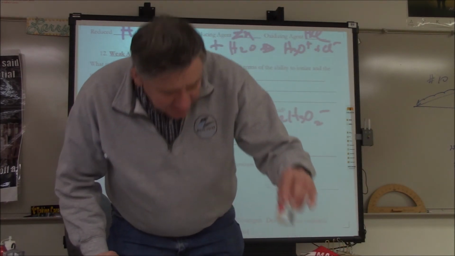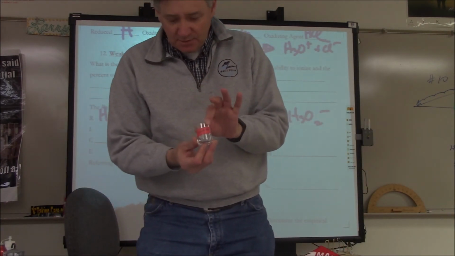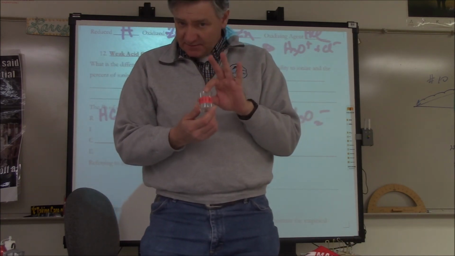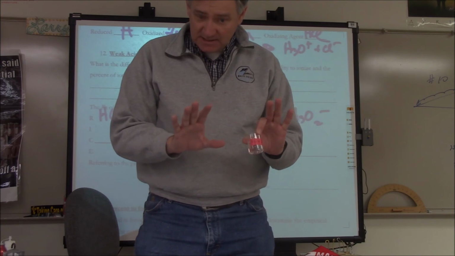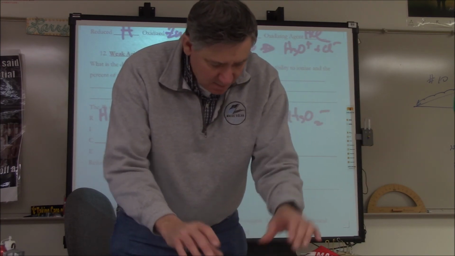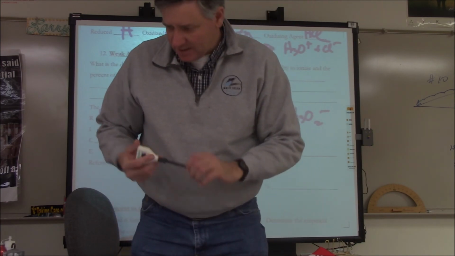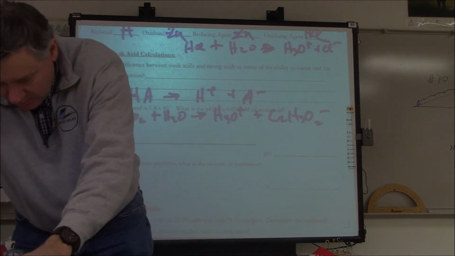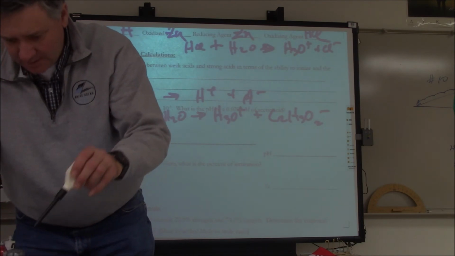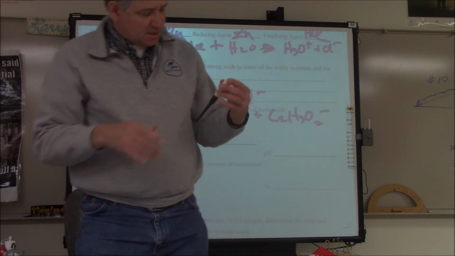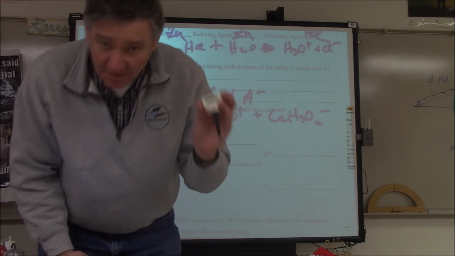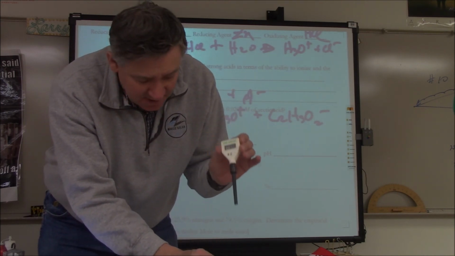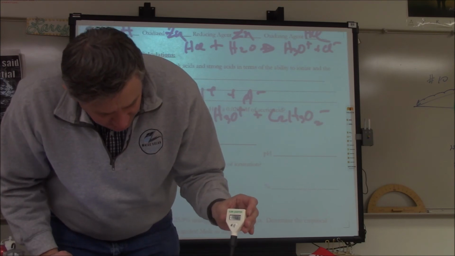So here I've got a 0.1 molar solution of hydrochloric acid. Here I have a 0.1 molar solution of acetic acid. Okay, so they're the exact same molarities. So what I'm going to do is wash off my pH probe. Okay, turn this on. And these aren't the most accurate pH probes in the world, but they'll do the trick. So I'm going to put this pH probe in this 0.1 molar solution of hydrochloric acid.